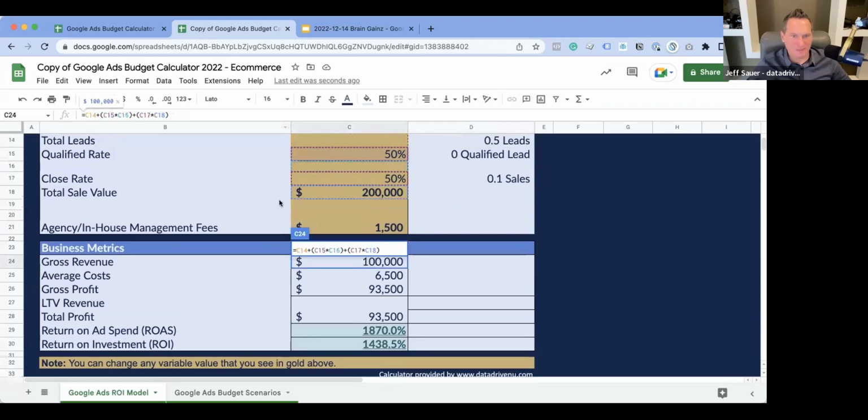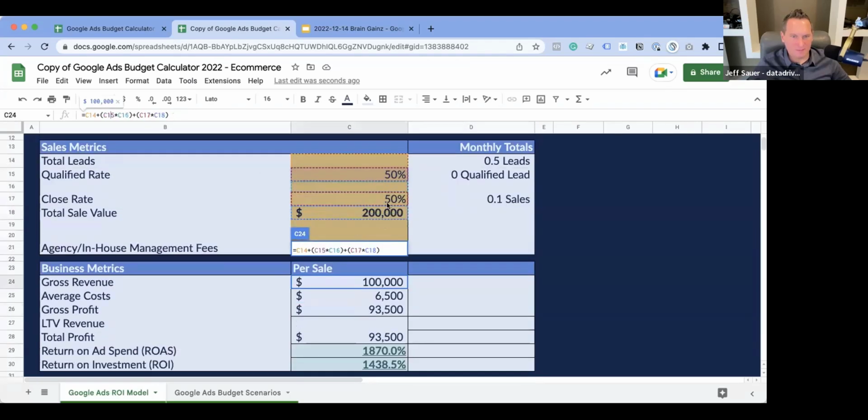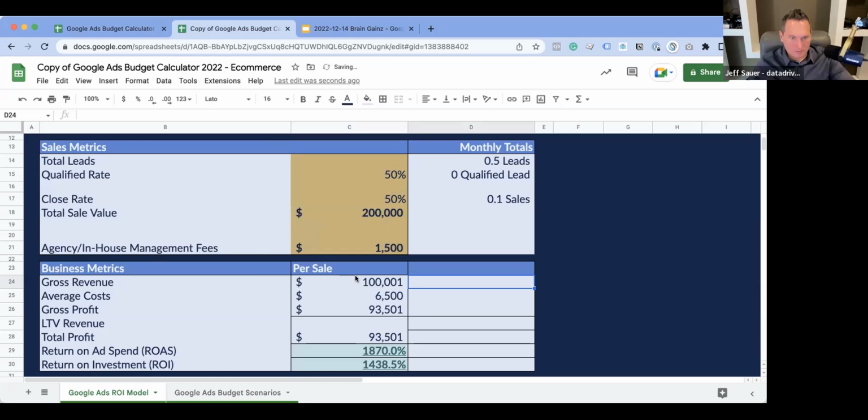Let's see. Even that should be profitable. I'm not sure why it's showing up that nicely. It shouldn't be that nice. I see, so it's got to be this times.